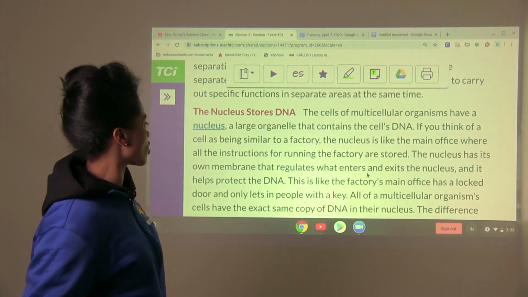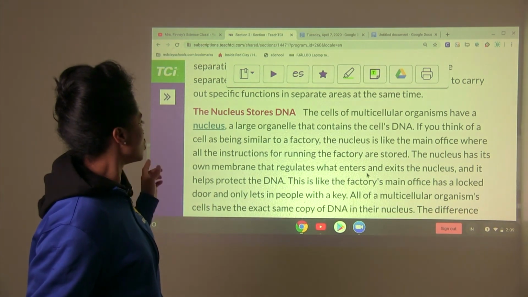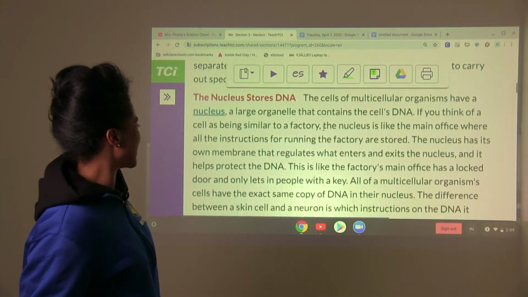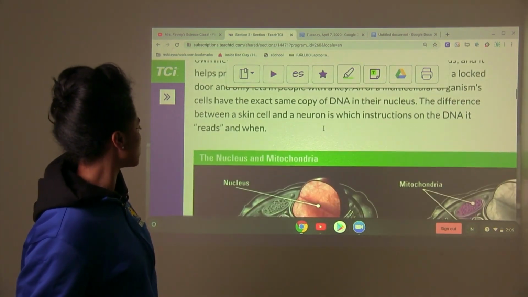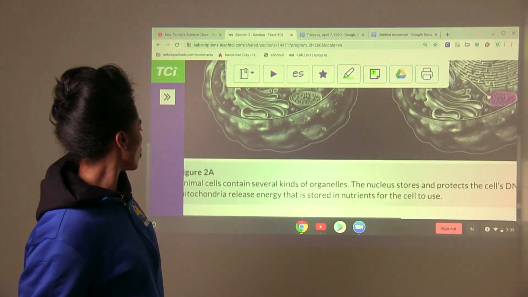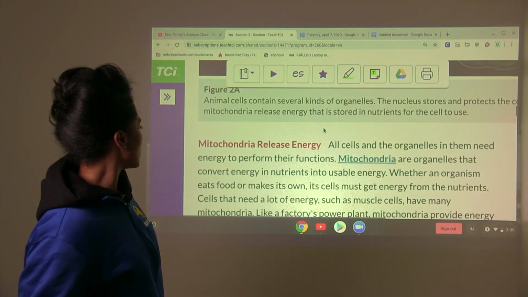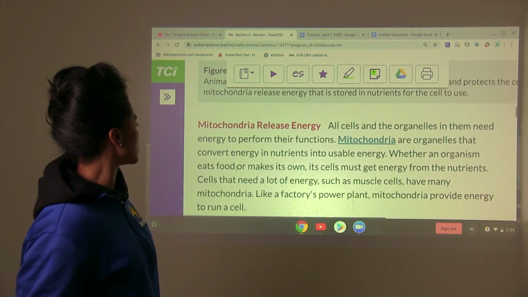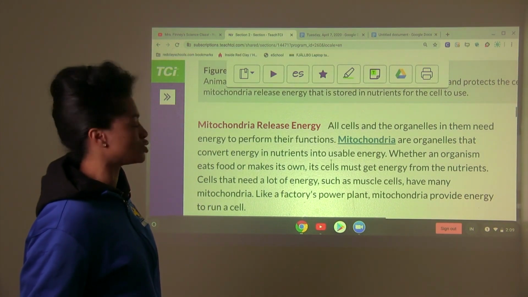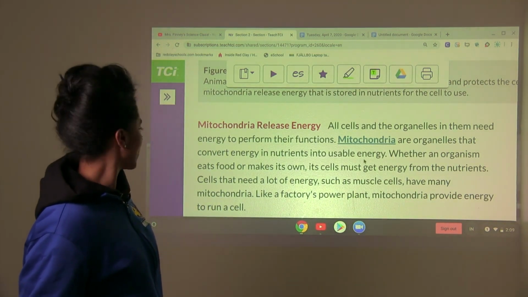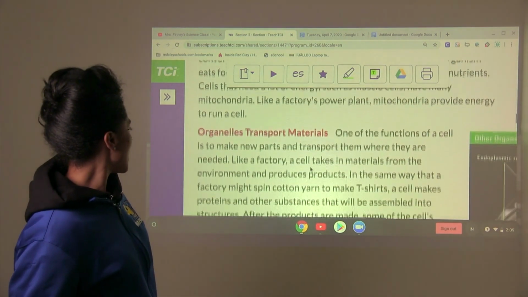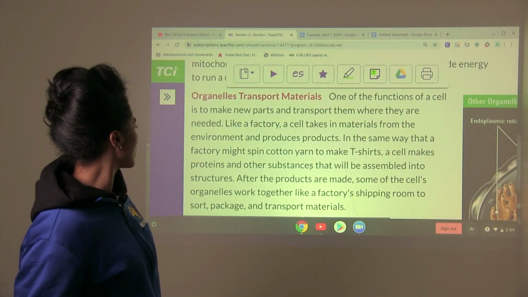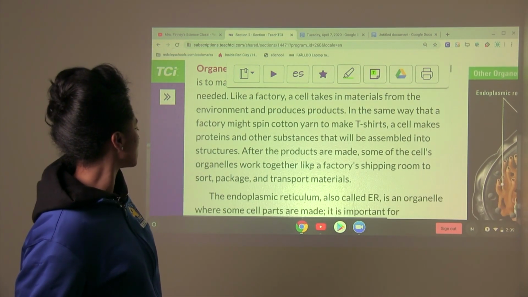So not only those 4, but we also have the nucleus, which stores DNA in animal cells, okay? We also have the mitochondria, which converts energy and nutrients into usable energy, all right? And then we have organelles that are used to transport the materials.